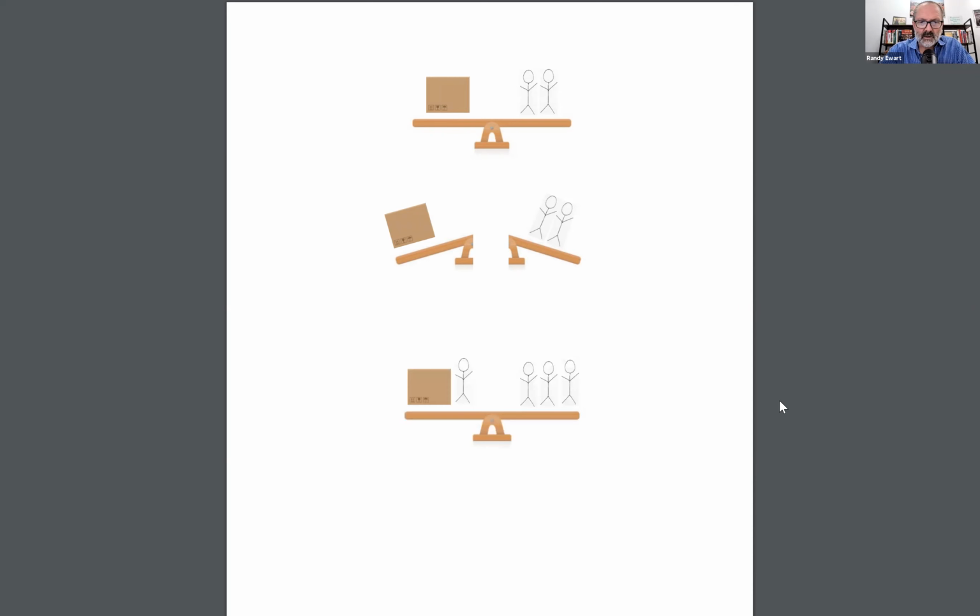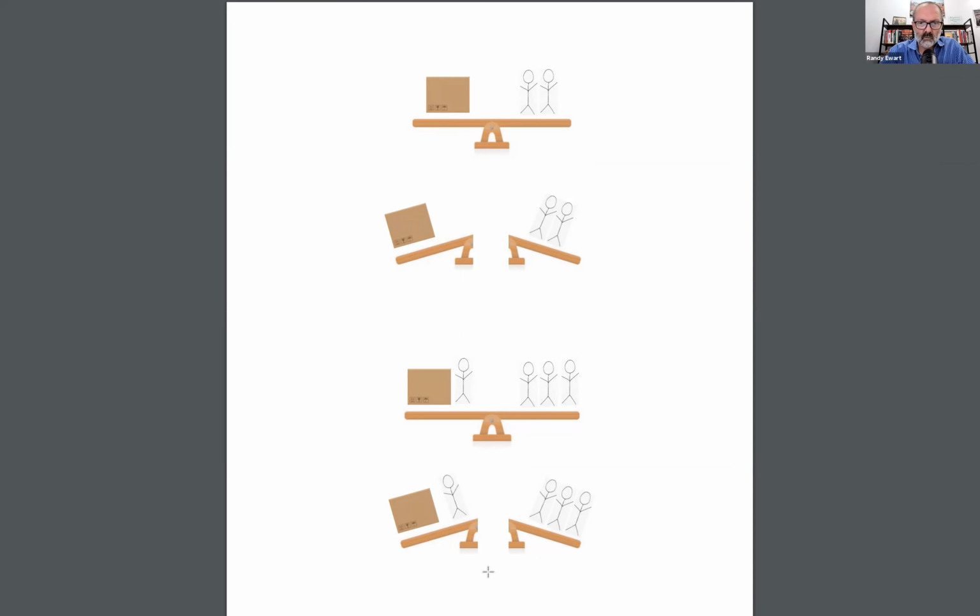Let's take another example. I have a box and a guy on the left and I have three guys on the right. I can break these apart. So now I have just the box and the guy on one side and I have just the three guys on the other side. When you break apart the equation, those two parts are expressions.